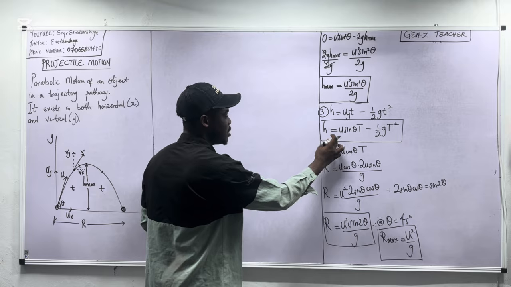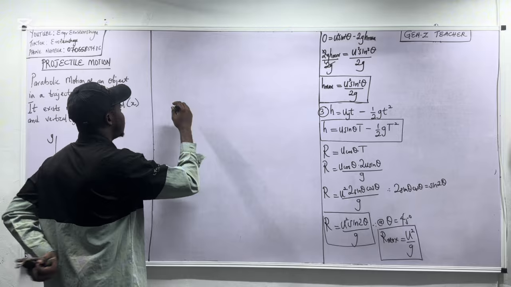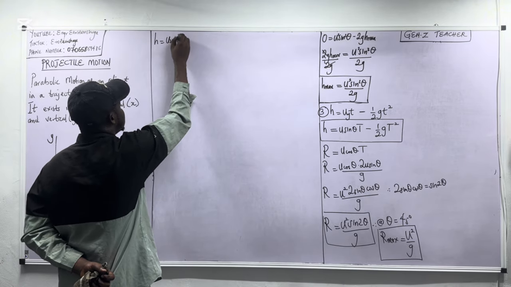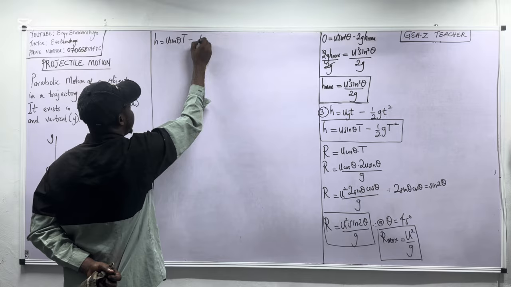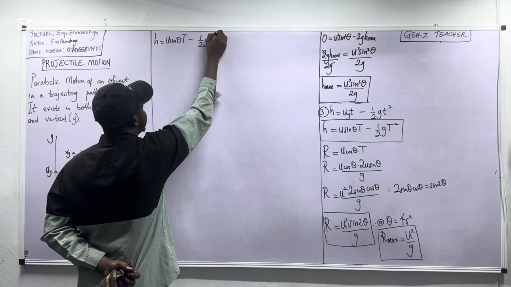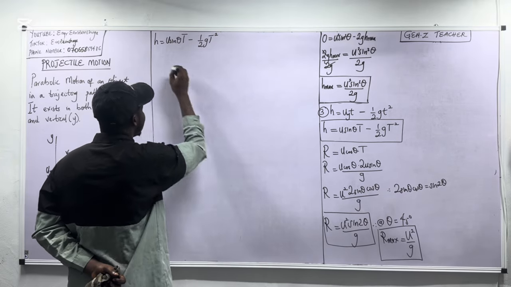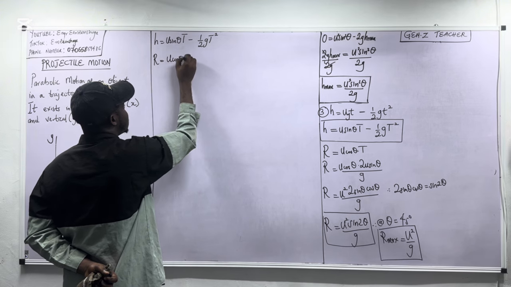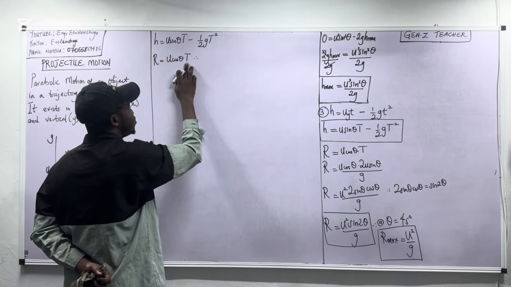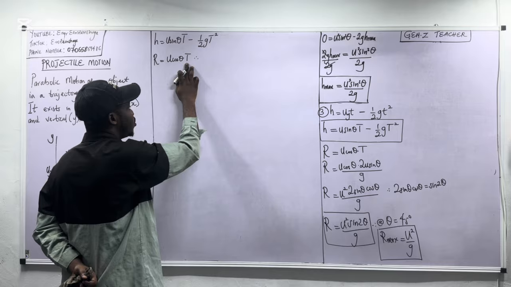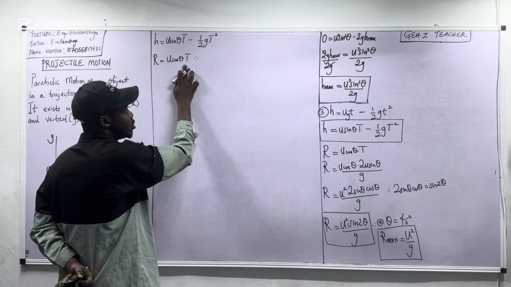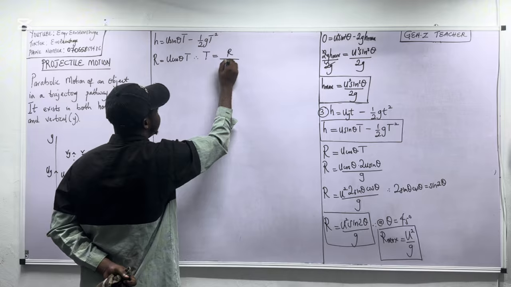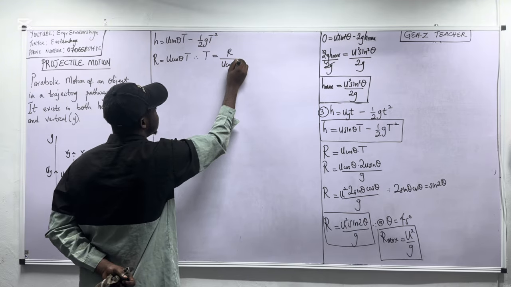From the given expressions, we know that h is u sine theta capital T minus half g capital T squared, and that R equals u cos theta times t. Now let's make t the subject of formula in this expression, so that t equals R divided by u cos theta.